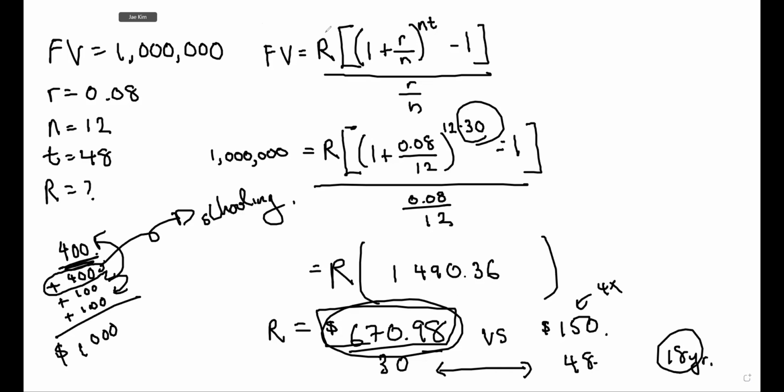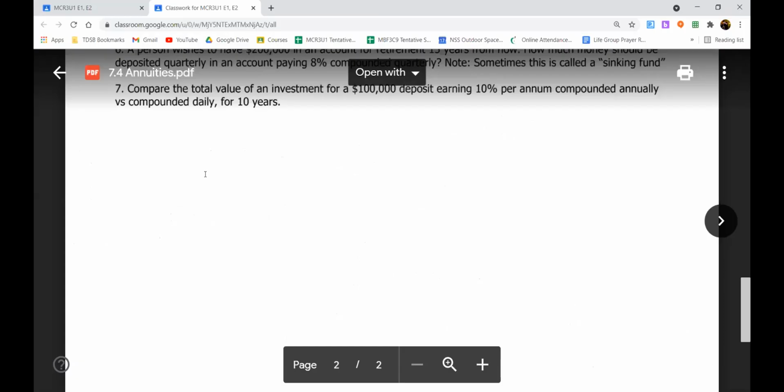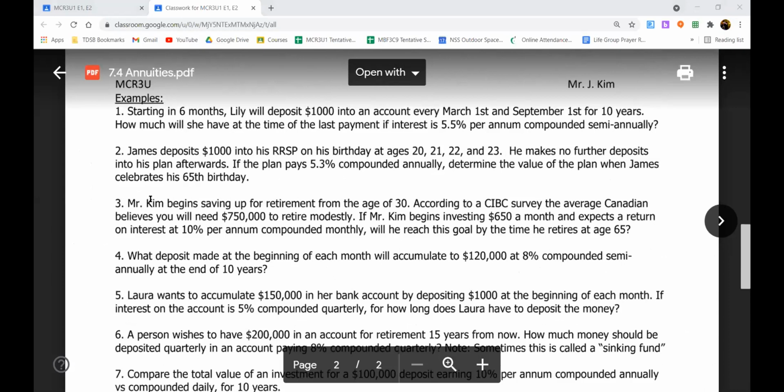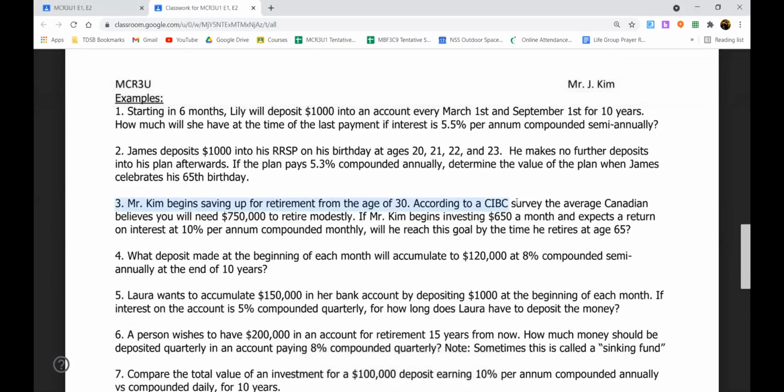Just because you don't have a lump sum doesn't mean you can't save. You can calculate just a little bit every single time, and it will snowball. Let's take a look. Number 3. Mr. Kim begins saving up for retirement from the age of 30.